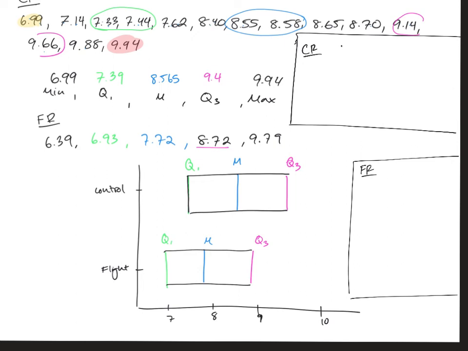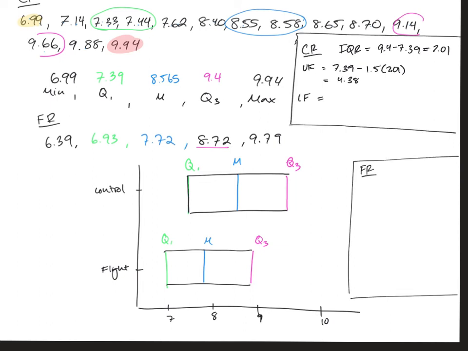So the control group, IQR, take the quartiles and subtract them. So 9.4 minus 7.39 gives you 2.01. And then for the upper fence and the lower fence, 7.39 minus 1.5 times your IQR, that'll be 4.38.